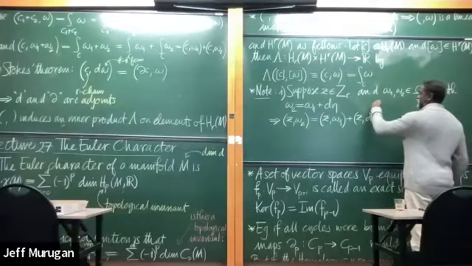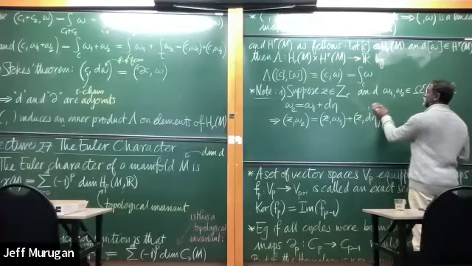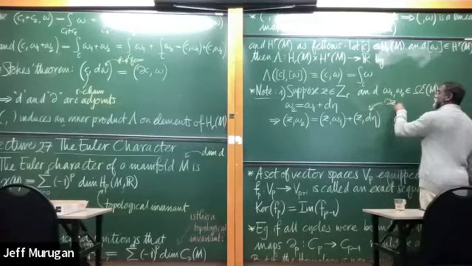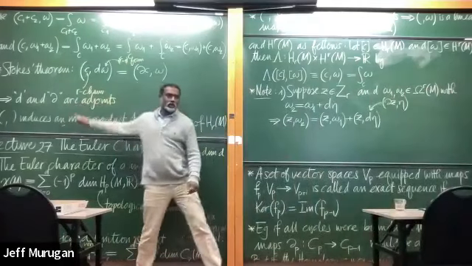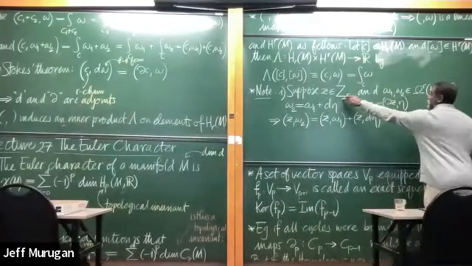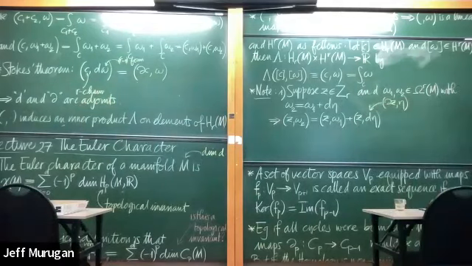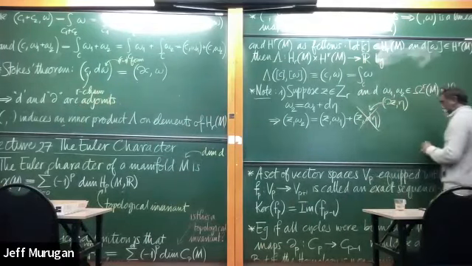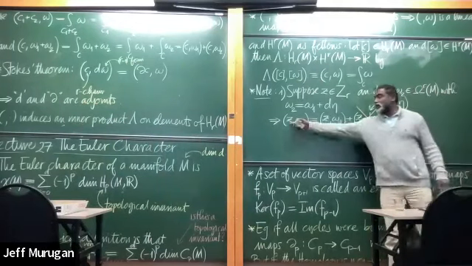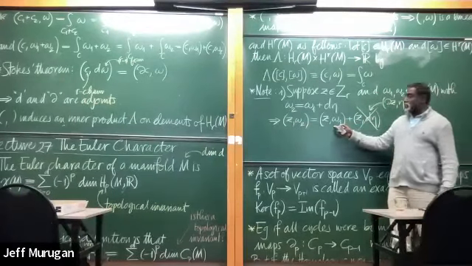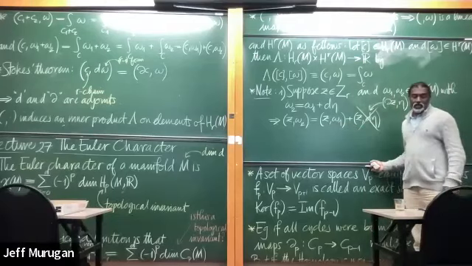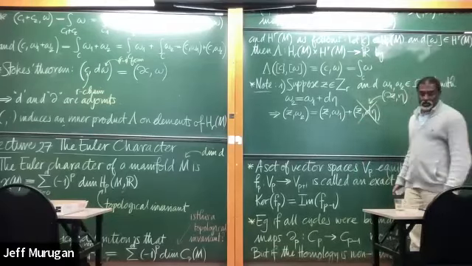But this is just dZ inner product eta by this statement. And because this is a cycle, the boundary of the cycle vanishes, and so this is 0. Which means that Z inner product omega 2 is Z inner product omega 1. In words, what this tells us is that all elements of the cohomology class of omega give the same answer when you integrate over a cycle.